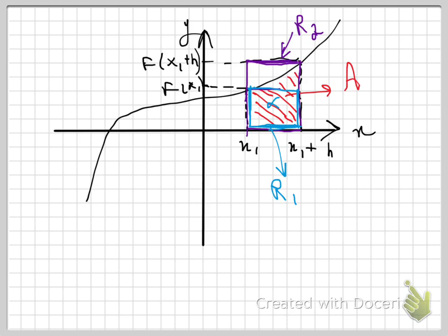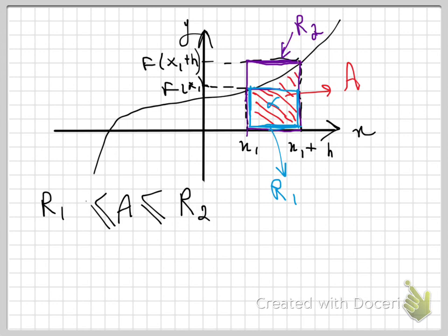So we can write this. The area is bounded between R1 and R2. I can put less than or equal here, because in some cases maybe the area is equal to R1 or equal to R2.